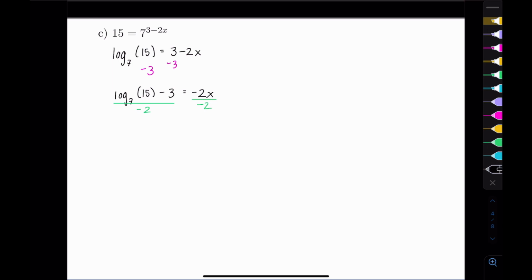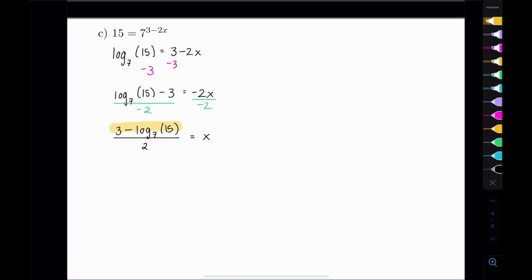And so really it would just flip this. It would make it negative log base 7 of 15 plus 3, over 2. You can switch it if you want to, or you can leave it as is. I'm going to go ahead and reverse this and write it as 3 minus log base 7 of 15 over 2. And that is equal to our value of x.